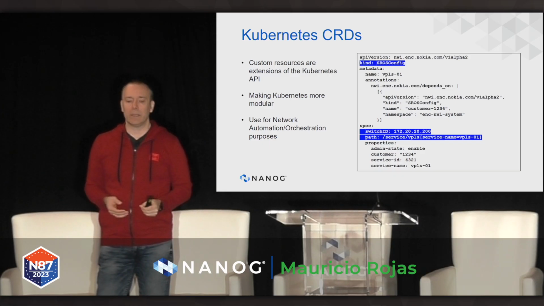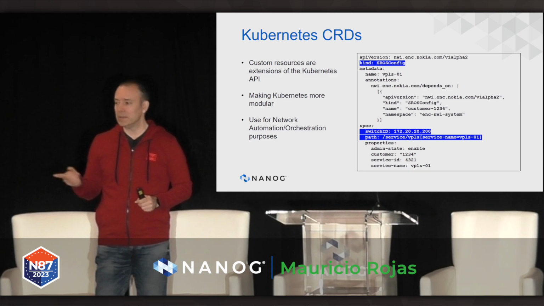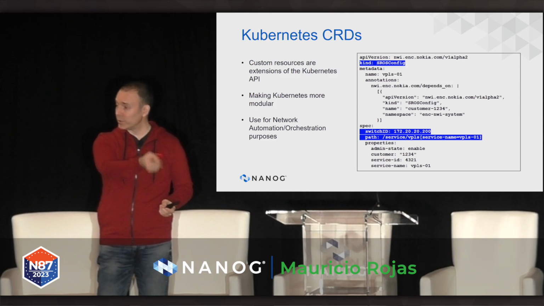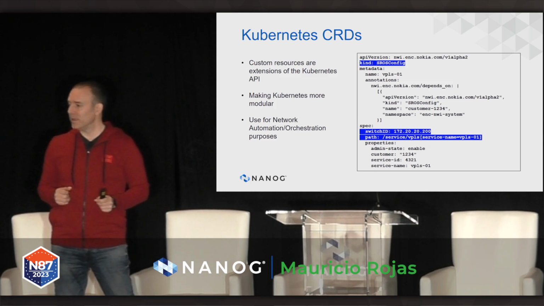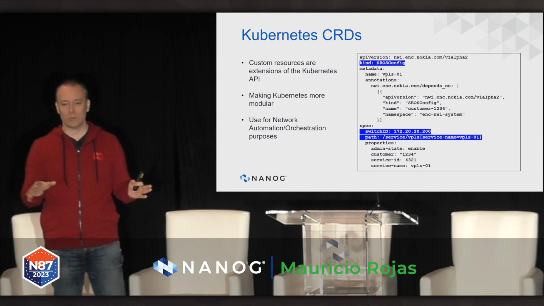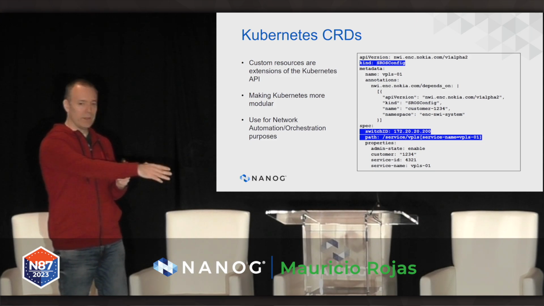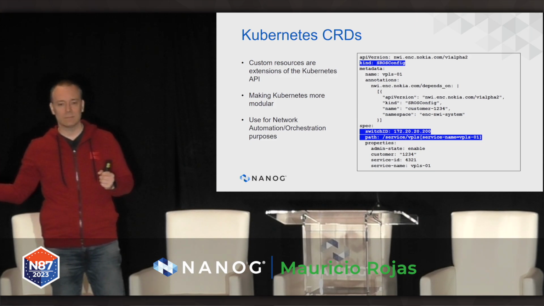But we have elements like GNMIC, an open source project. This afternoon we had a tutorial, by the way, of GNMIC, that can run directly in Kubernetes. You can take the data from the CRD and through GNMI do any change to any device in the network.